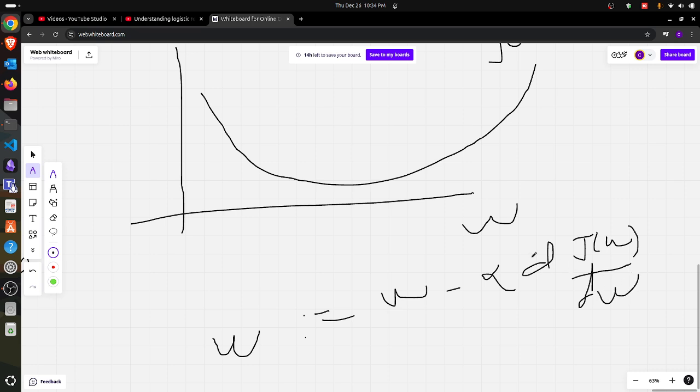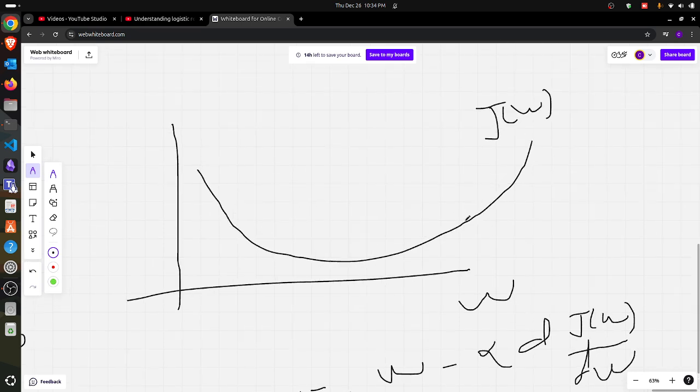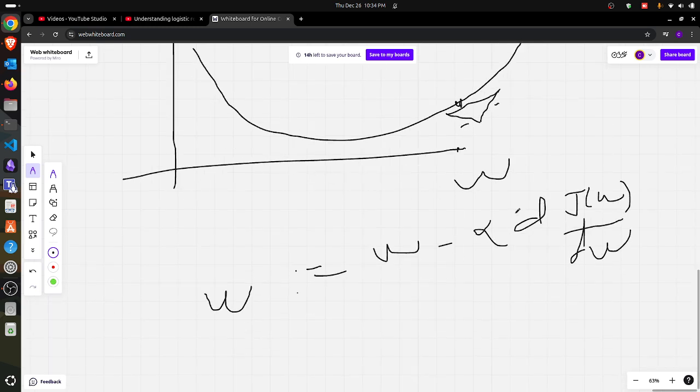What I mean by slope is, suppose we take this point and draw a tangent at this point, and we draw two sides of the tangent and divide those, and whatever we get, if that is positive, then we keep that term in this equation.